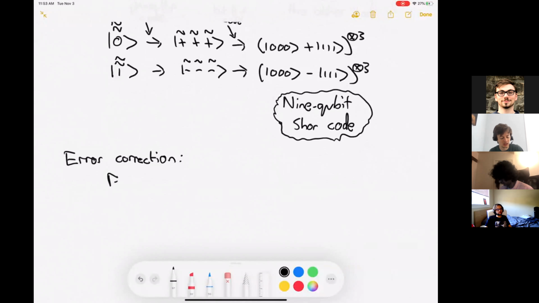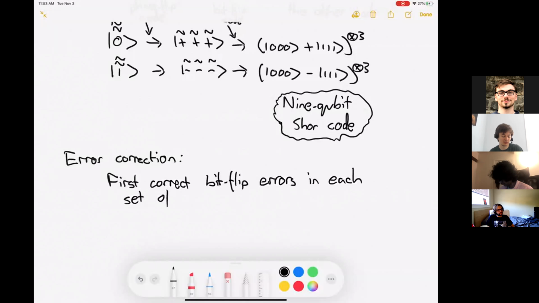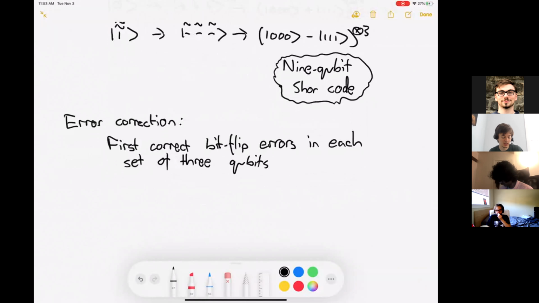And the way we do that is we just correct the bit flip errors in each set of 3 qubits. Right, so we first look for a bit flip error in the first 3 qubits. They're encoded with the bit flip code, so we know how to do that.